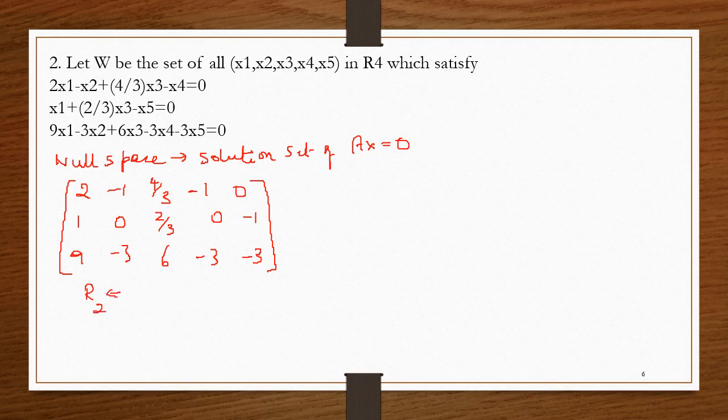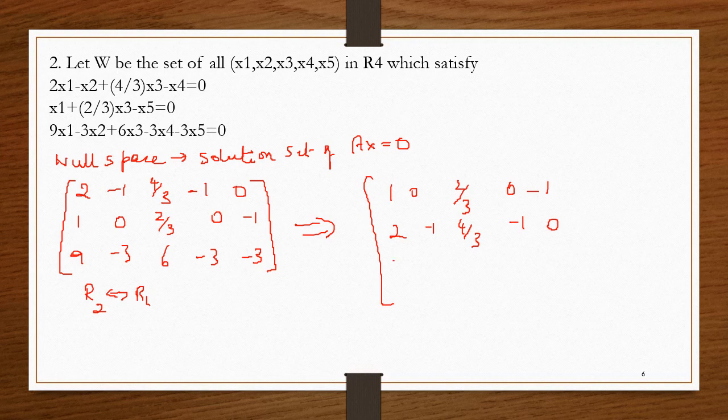R2 will interchange with R1. So what we are going to get, the matrix is 1 0 2 by 3 0 minus 1, 2 minus 1 4 by 3 minus 1 0.